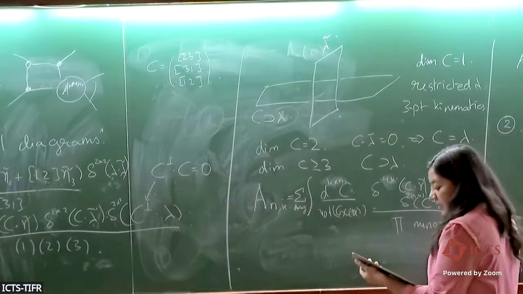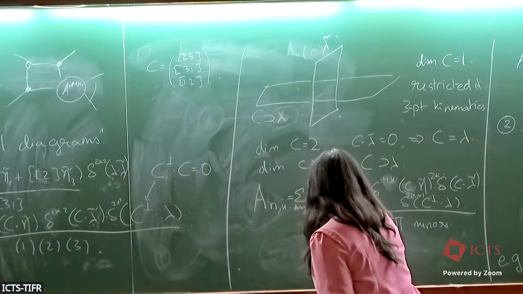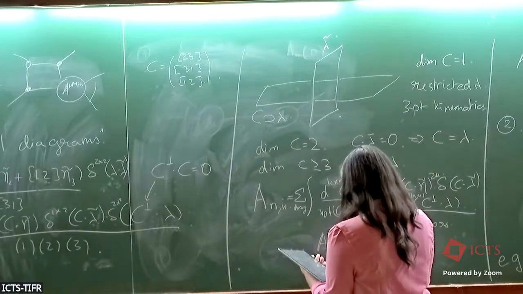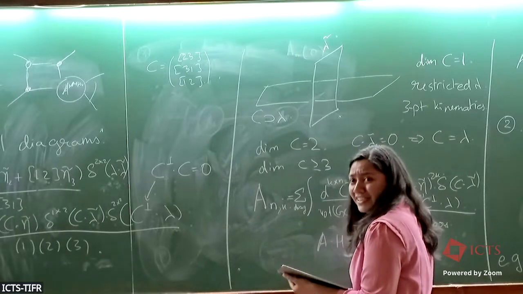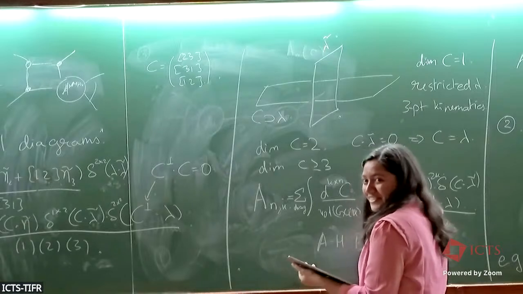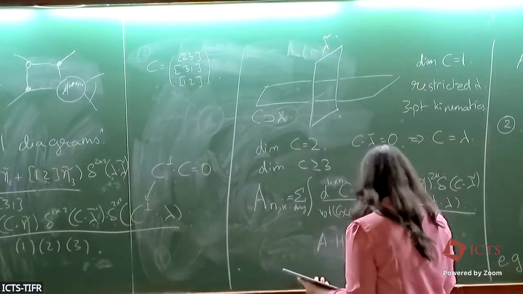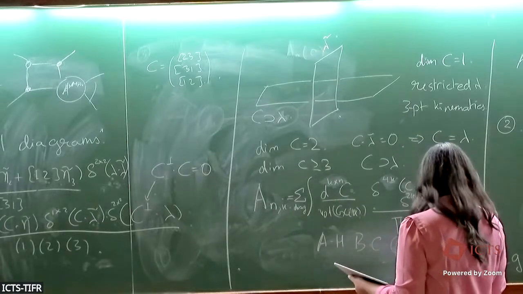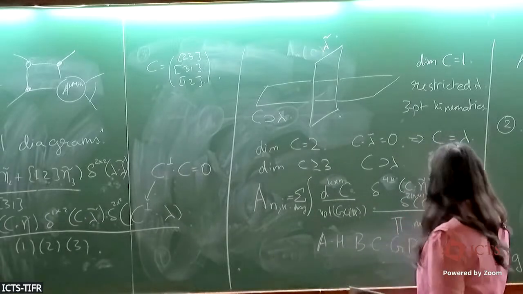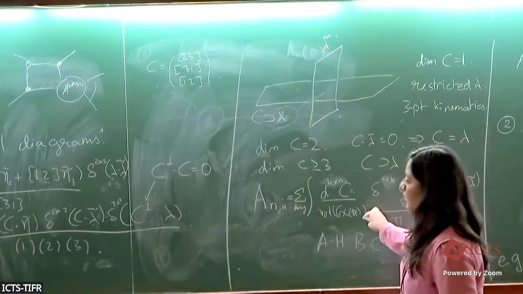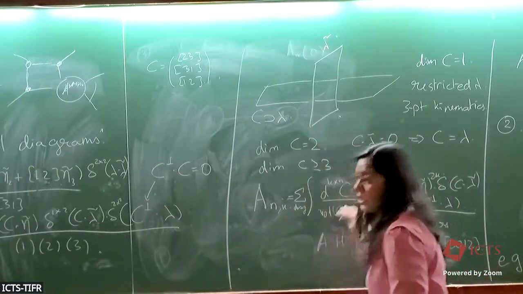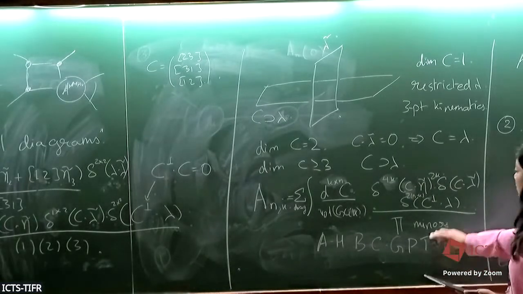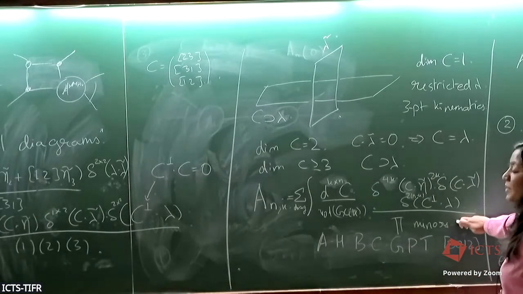So this formula is now valid, and you can look at this book by Arkani-Hamed, Bourjaily, Cachazo, Goncharov, Postnikov, Trnka from 2012, where they discuss in detail all the different aspects of on-shell diagrams, how to get the Grassmannian cells, etc. But for now, I hope that this formula makes sense.